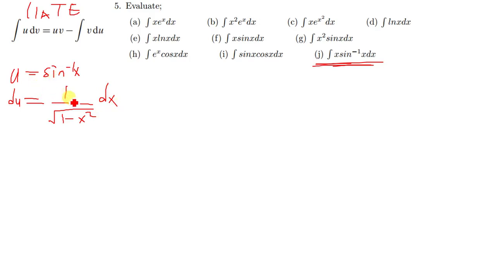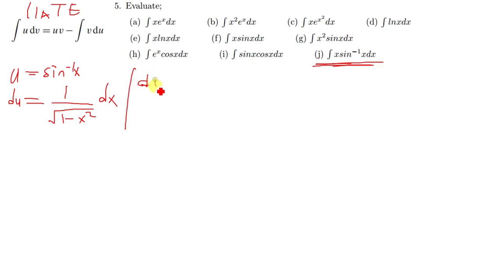If you want to see where I got this, go and check the formula book. They are all there. You find sine inverse, cos inverse, tan inverse. You also find sinh, you also find cosh. You find them in there. Apart from this, we can now use our formula.